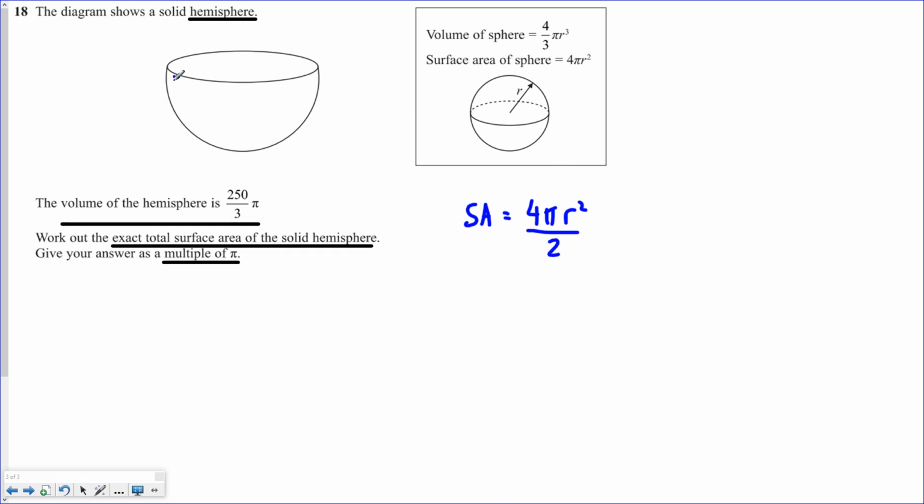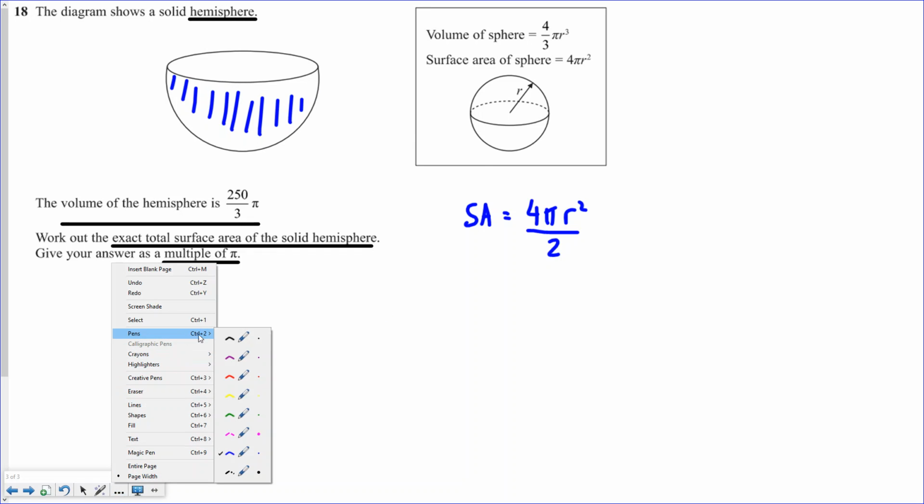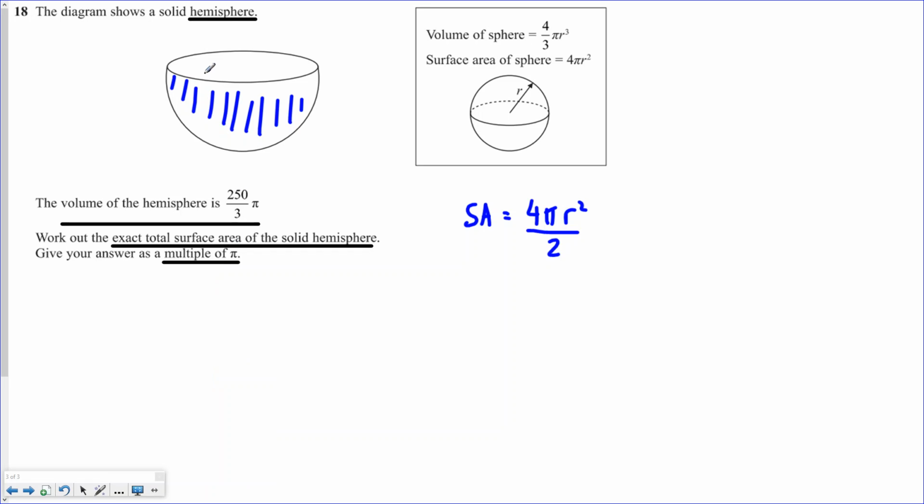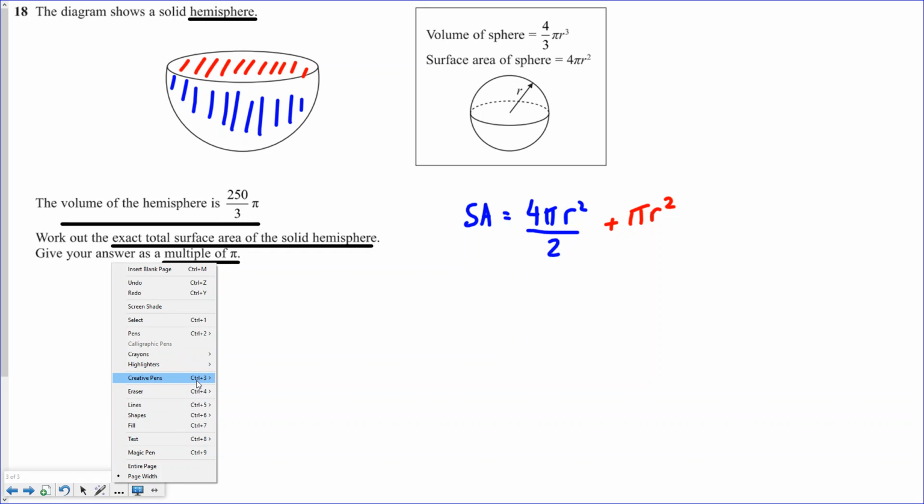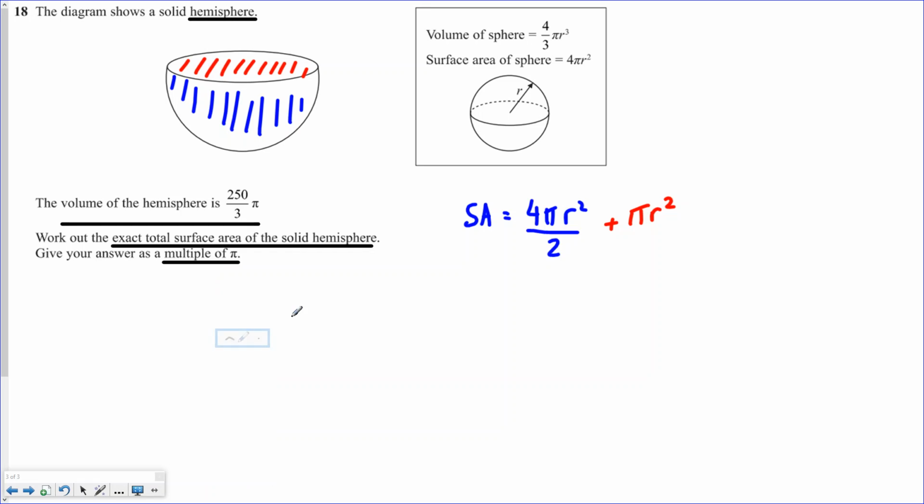That will give us this surface area here, plus the area of this red part, which is the shape of a circle. So it's going to be plus pi r squared. Doesn't seem too challenging. I reckon we can do this.